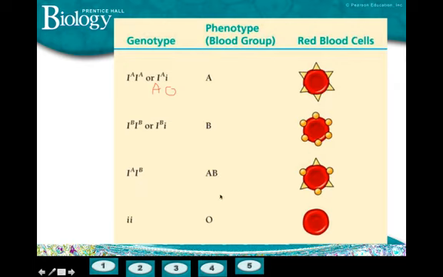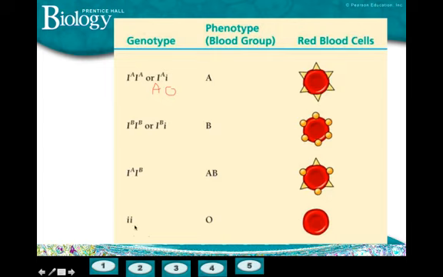Here's the interesting one. Type AB blood has both types of proteins. What's interesting about that is that type AB blood could receive type A, type B, or type O. Type O blood, the only way you get that is by inheriting both of those recessive alleles, or OO, if you will.